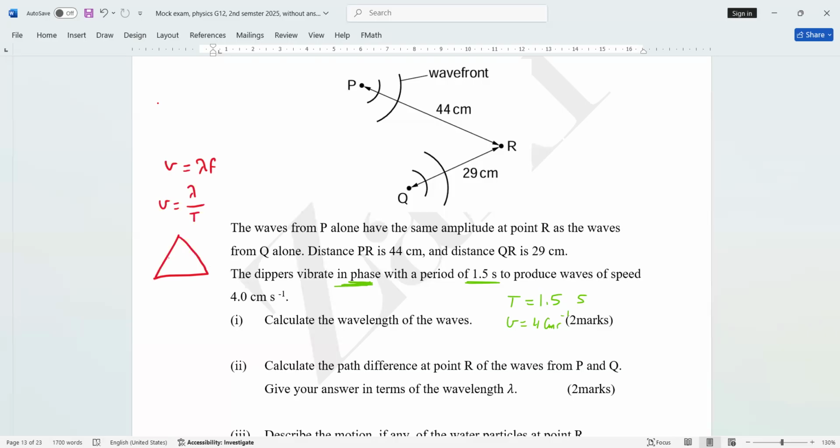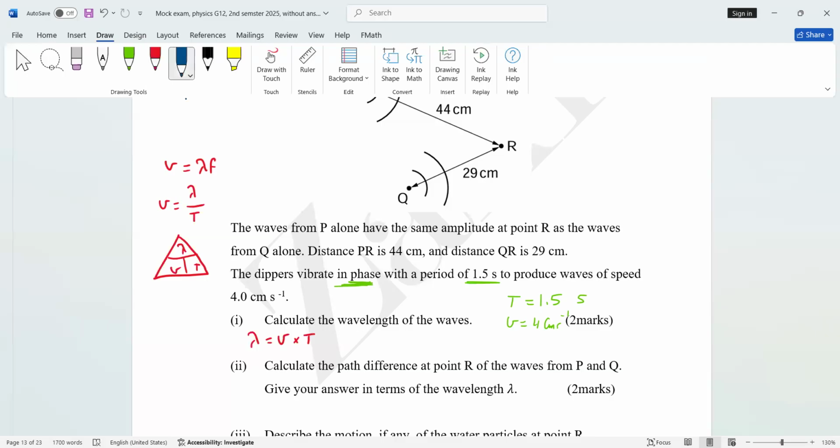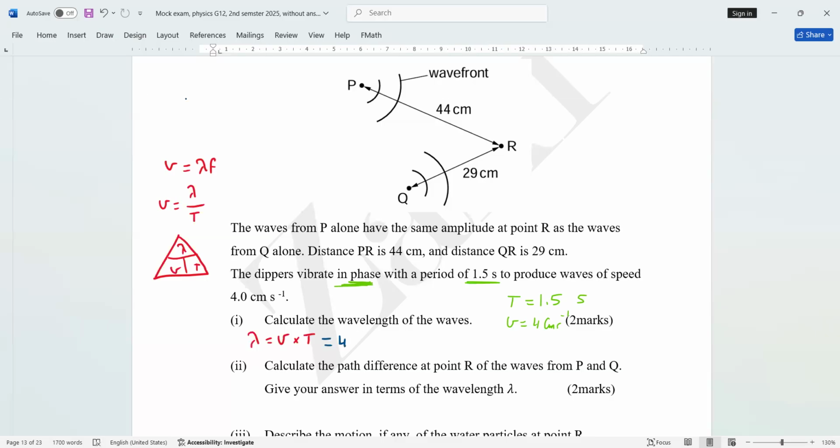V equals lambda over T, then lambda equals V multiplied by the time period. Now we can calculate lambda. V is 4 centimeter per second, T is 1.5. 4 times 1.5 equals 6. The unit is centimeter. So this is lambda.